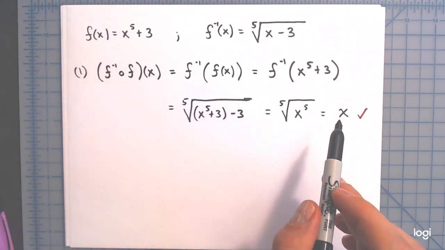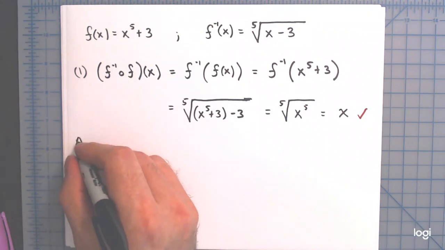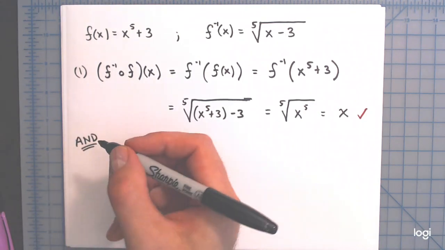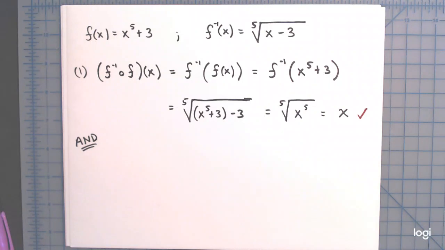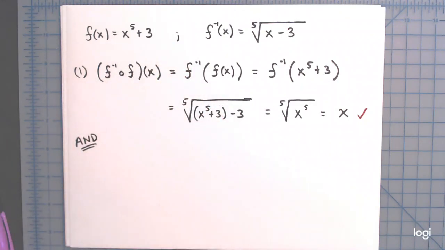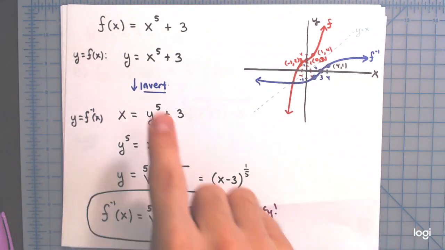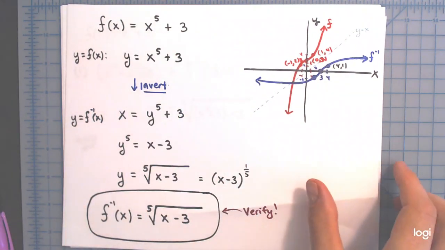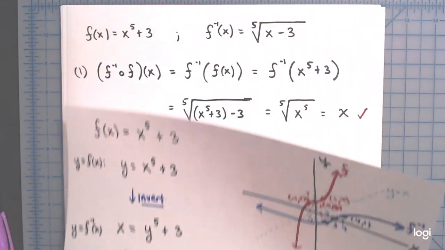I'm left with x. But you must also check the other direction, because I'm not going to get into it, but there are some examples that you can find out there where when you compose two functions, now maybe not after finding the inverse like this, because if I go through this process and find an inverse equation, there's a good chance that they are actually inverses.